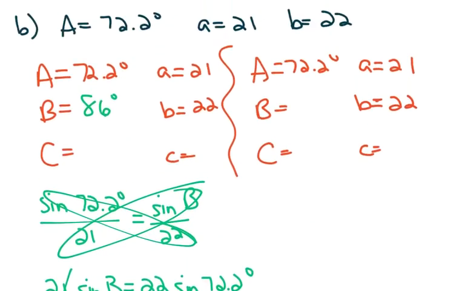So if you come back up here, if a second solution exists, then there must be an angle also in quadrant 2 with the same reference angle. Well, this is the reference angle. So all you have to do is 180 minus 86. That's going to tell you the quadrant 2 angle, which is 94.